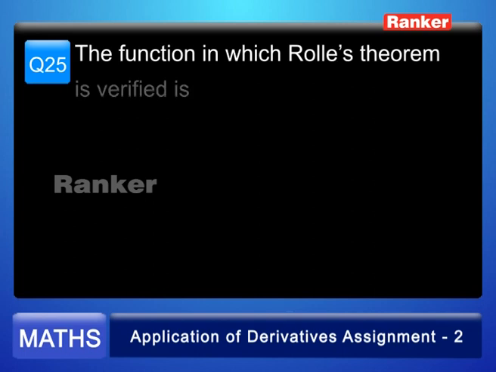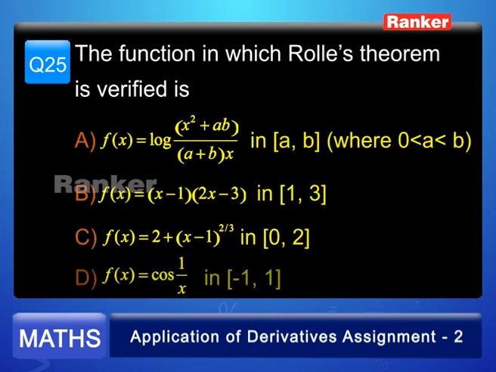Next question, the function in which Rolle's theorem is verified is: option A, f of x is equal to log of x square plus ab divided by a plus b into x in closed interval a to b. Option B, f of x is equal to x minus 1 into 2x minus 3 in closed interval 1 to 3.